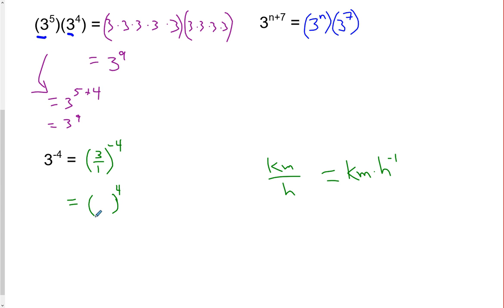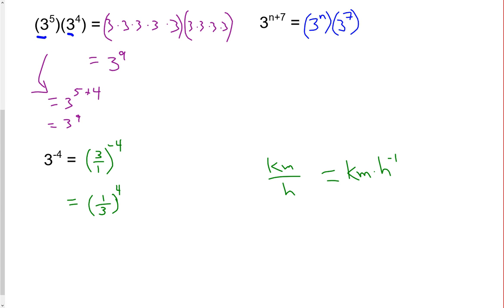So I can change it to a 4, but I need to flip the 3 over 1 to a 1 over 3. So a negative exponent really means that the thing is flipped the wrong way. And if I take the reciprocal and flip it, then I can change that exponent to a positive.